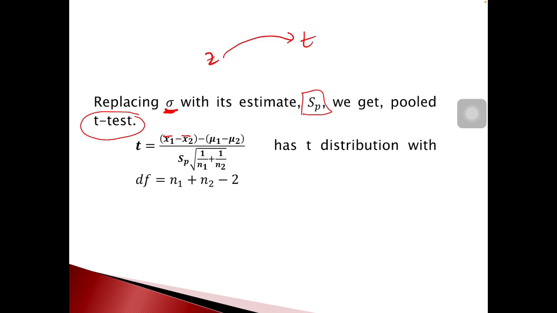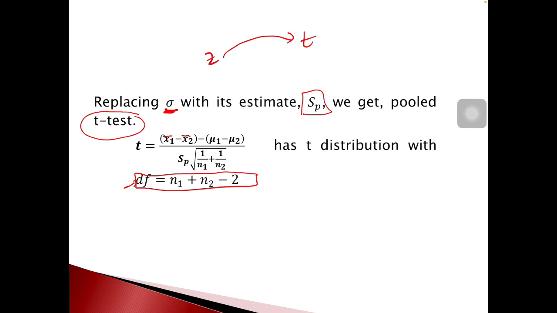Since we are using the t-test, we need degrees of freedom. This is the degree of freedom, df. It is n1 plus n2 minus 2. This is the standard way we find the degrees of freedom.